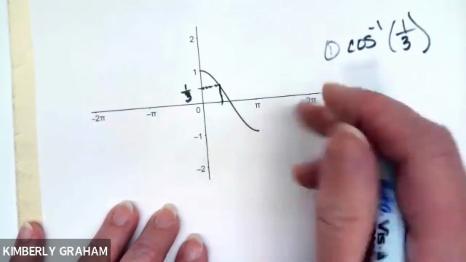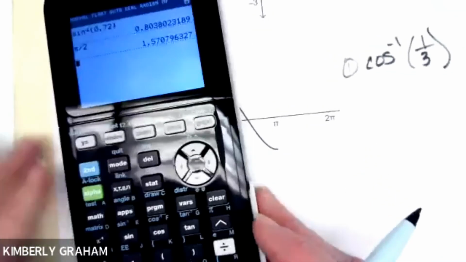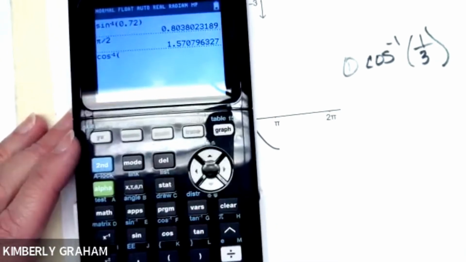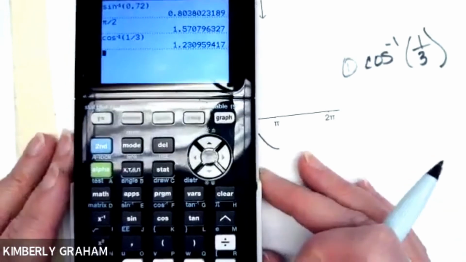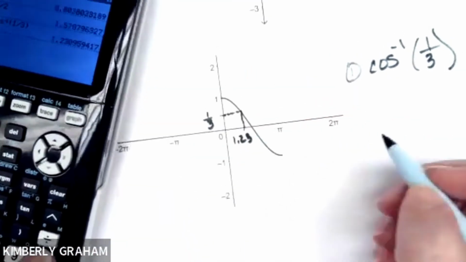And if you put this into your calculator, second inverse cosine of 1 divided by 3, you get approximately 1.23, 1.23 for your answer.